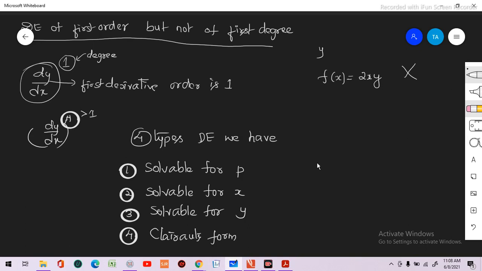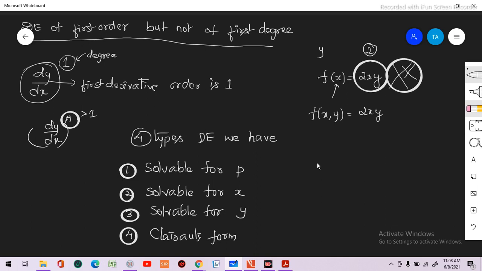Representation of the function is not correct. How many variables do I have here? Two variables. How many variables have I represented? One. Then it is obviously not a proper format. So we will represent it as f of x comma y is equal to 2xy. Whenever we have two variables, we have to represent them with two variables on the left hand side.